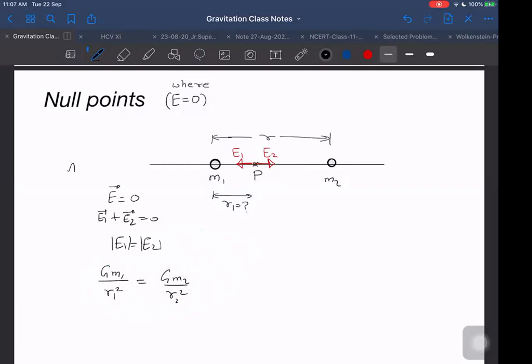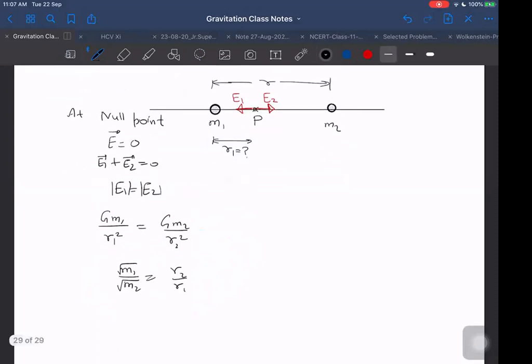At this point, you can put R2 by R1 equal to M2 by M1, with R1 as R minus R2. Next, we can simply write it as, adding one both sides, R by R1 is equal to R1 plus R2 by R1.